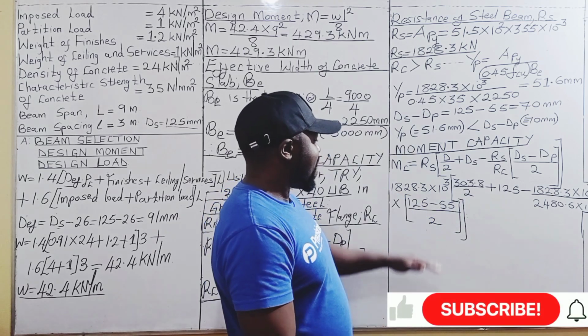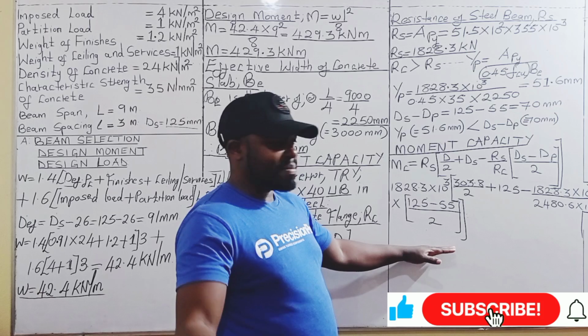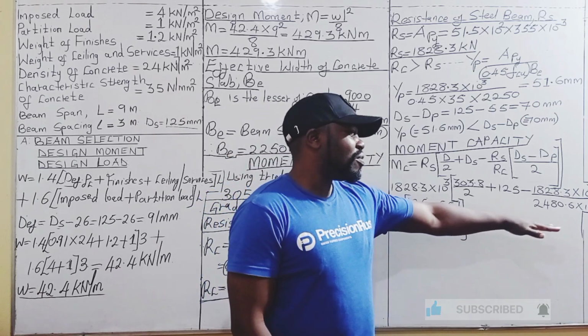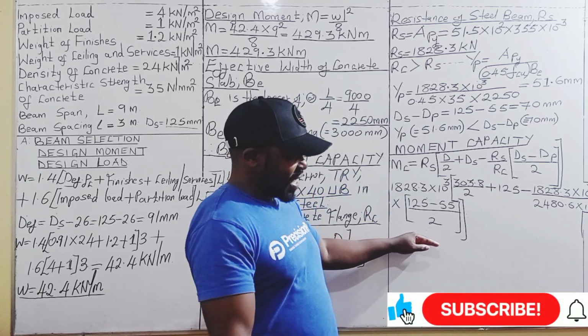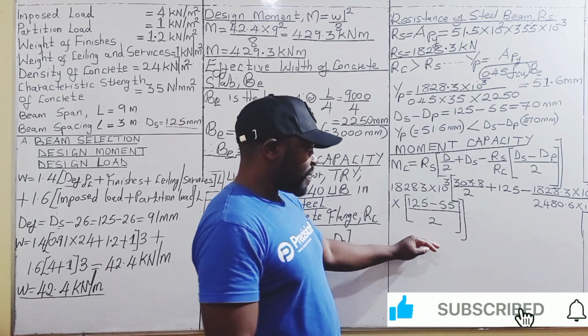So for us to get the moment capacity in kilonewton meter, we are going to divide the whole of this calculation, or the answer, by 1,000,000.